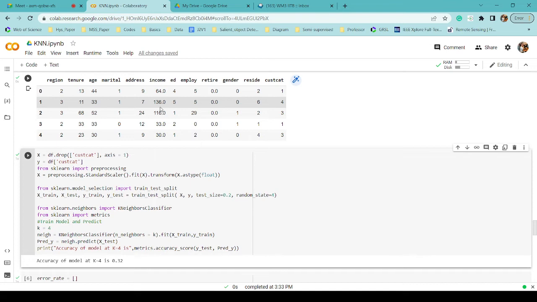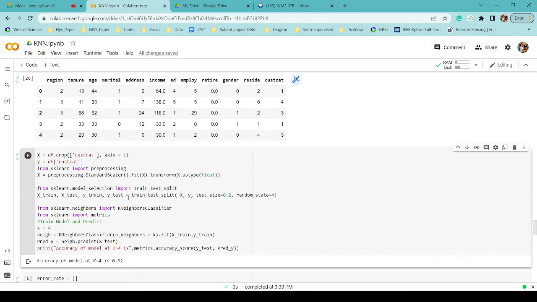You cannot convert 2.2 into an integer. It's a decimal value, you cannot convert it into a single digit. That is why, instead of converting into encoders or scaling it into 0 to 1 or minus 1 to 1, I'm converting all the data values into float. So I'm pre-processing with standard scaler and doing the floating.